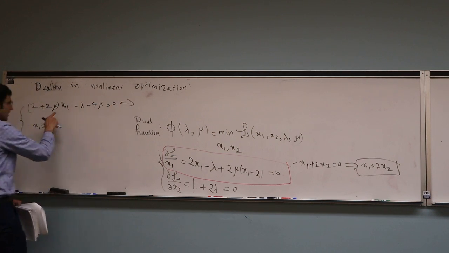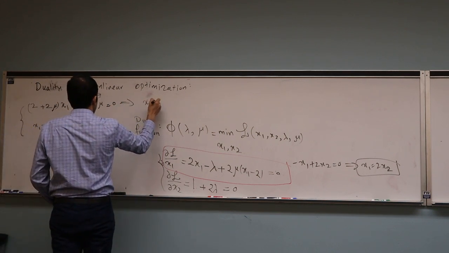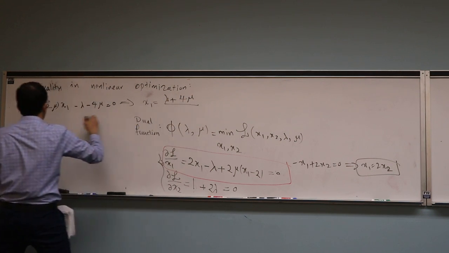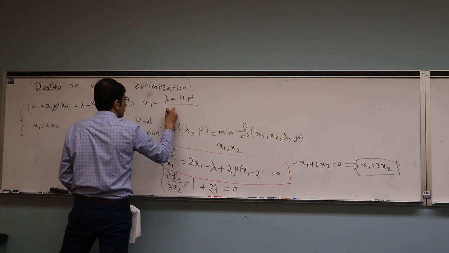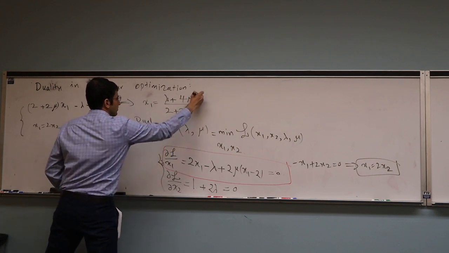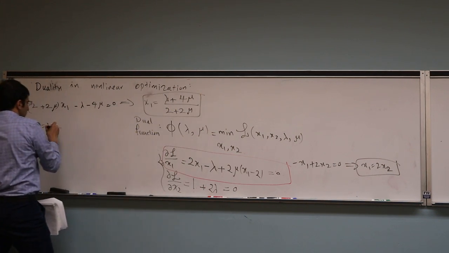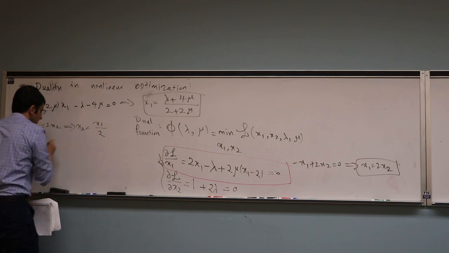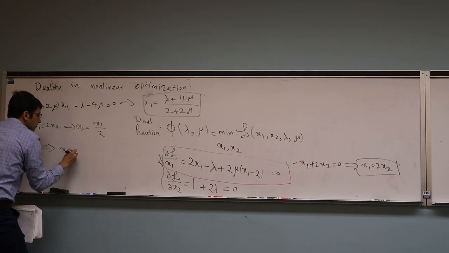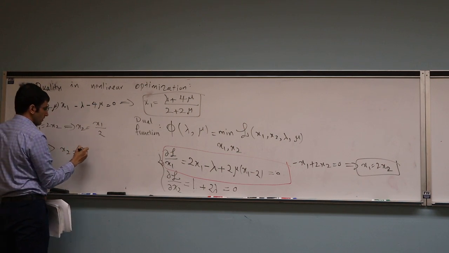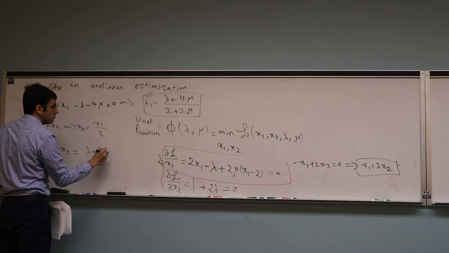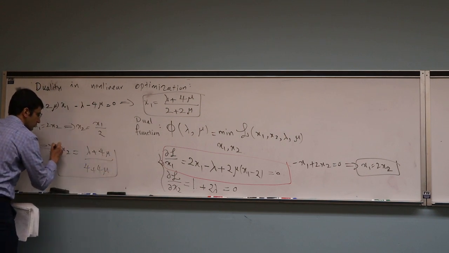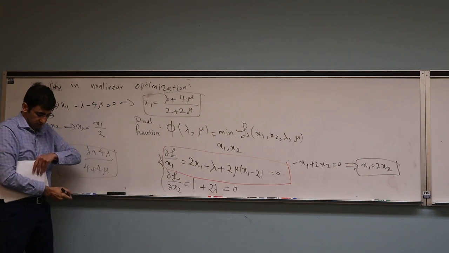This one tells me that x1 is equal to lambda plus 4 mu divided by 2 plus 2 mu. And this one tells me that x2 is half of x1. Then x2 will be lambda plus 4 mu over 4 plus 4 mu. I simply divided this by 2.